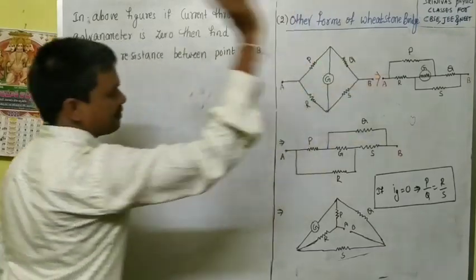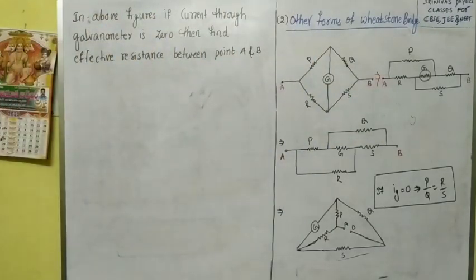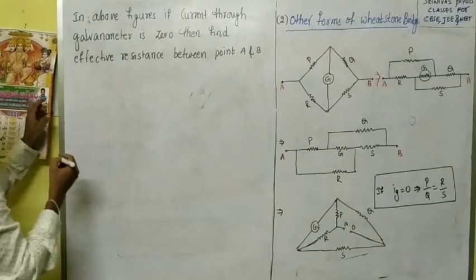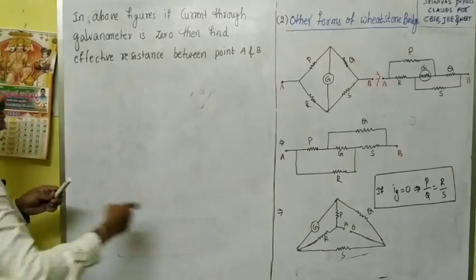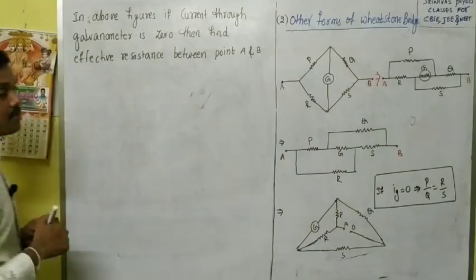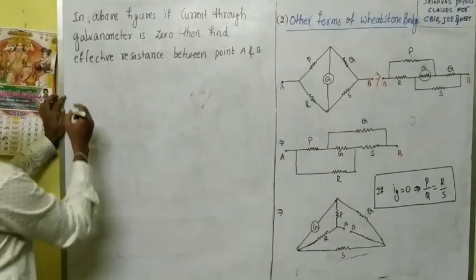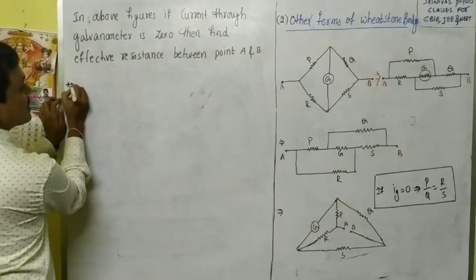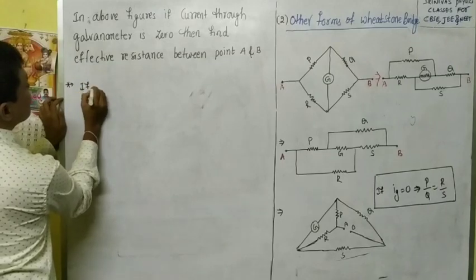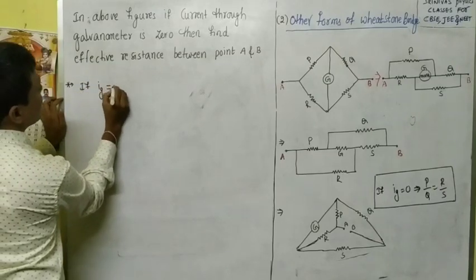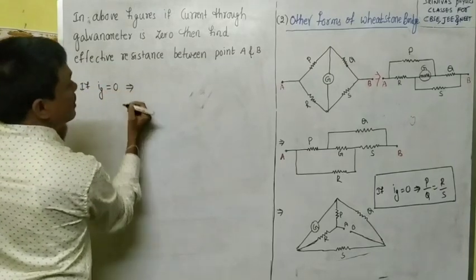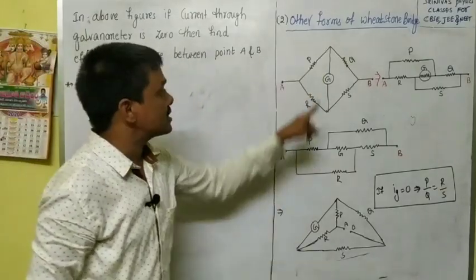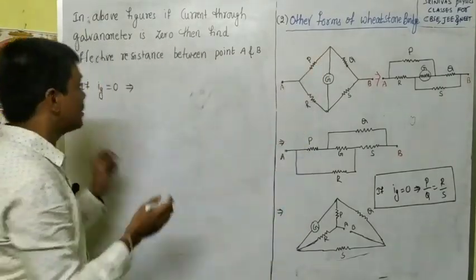In all the figures, what we have to do is use what they gave in the question. In all these figures, if the current through the galvanometer is 0, that is Ig equals 0, then we remove the galvanometer because the current does not pass through it.